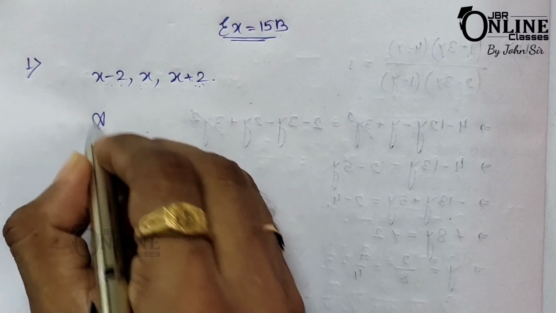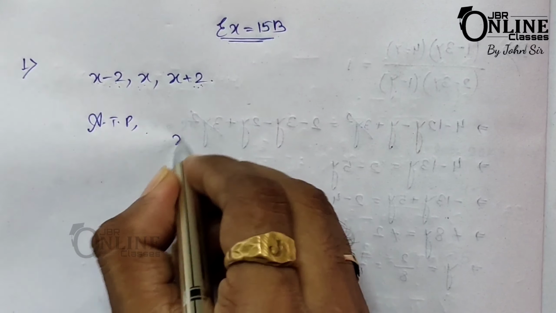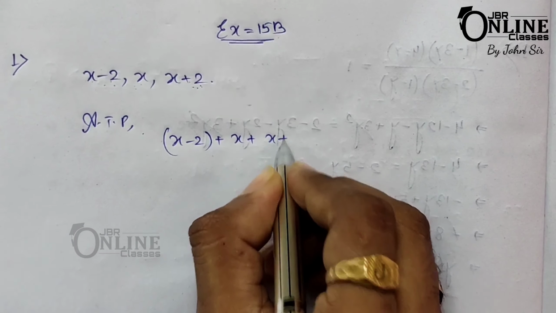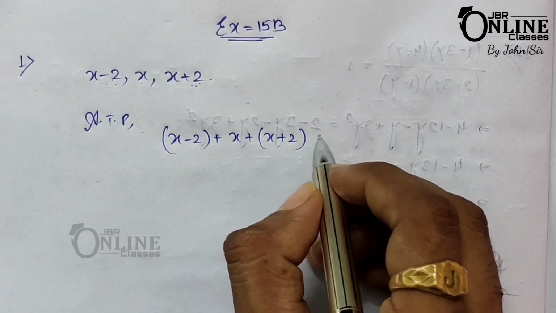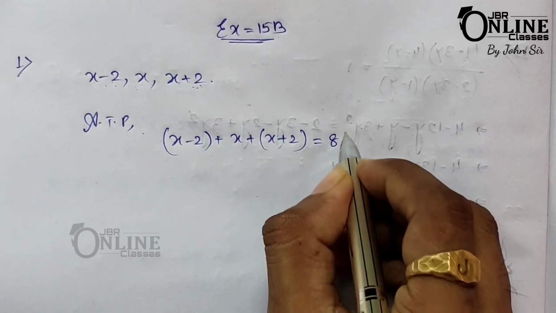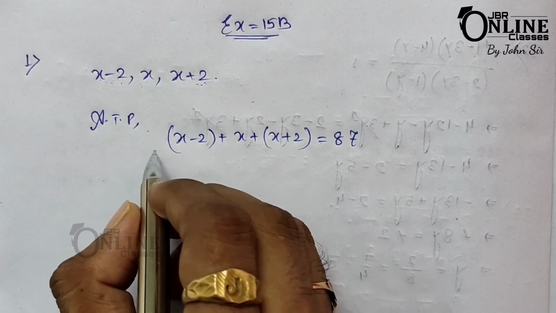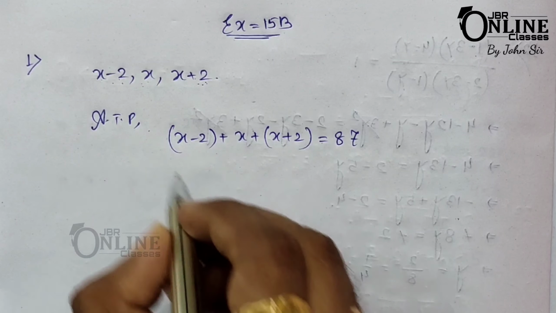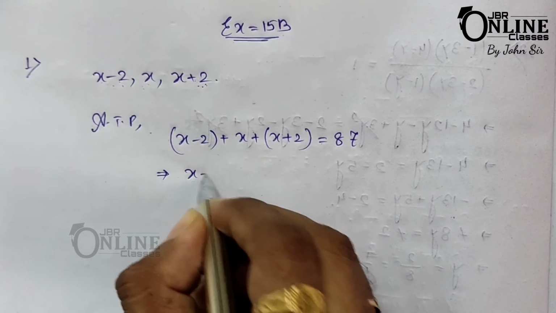According to the problem, x minus 2 plus x plus x plus 2, the sum of the 3 consecutive numbers, equals 87. That is the linear equation, and now we have to solve it to find the value of x.